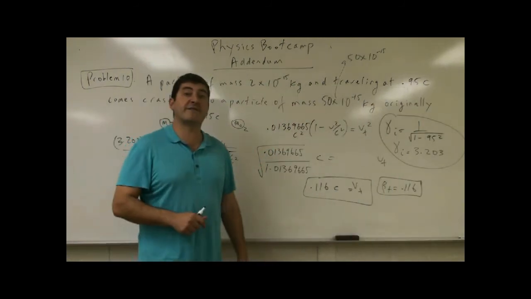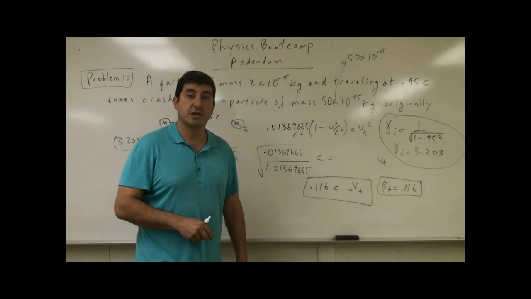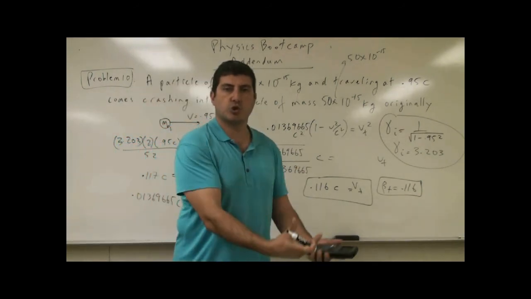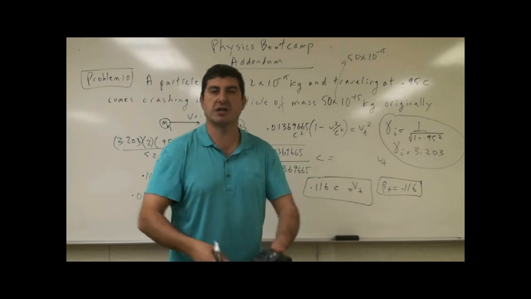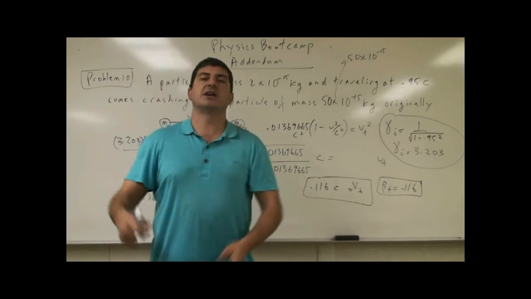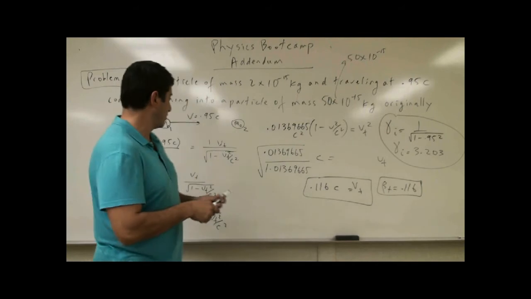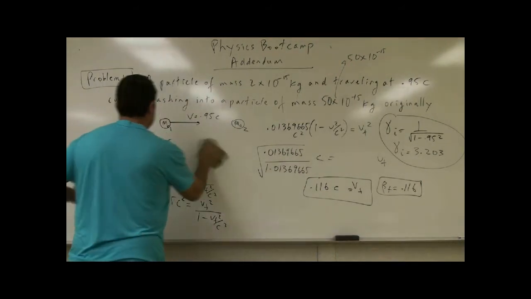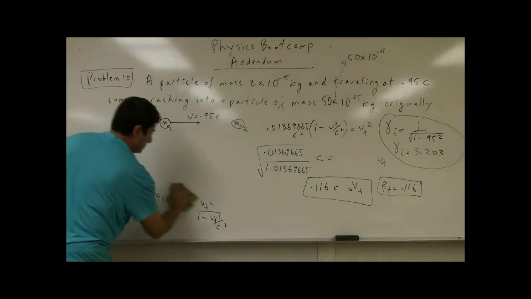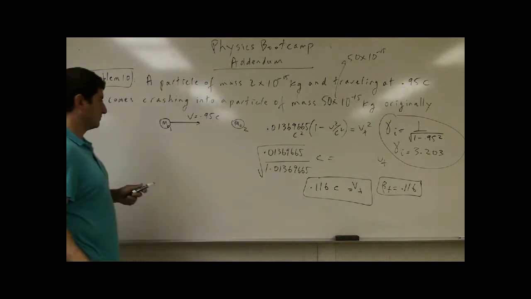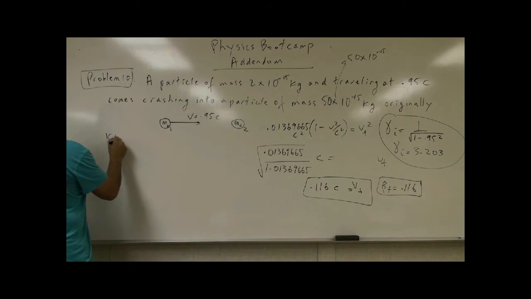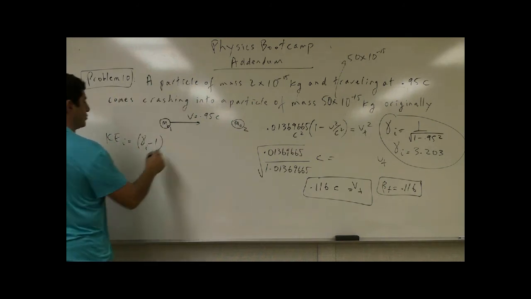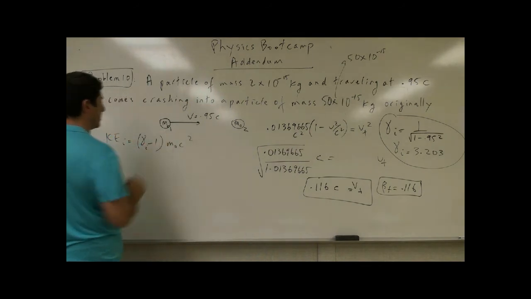Okay? Now how do I find the percent loss of kinetic energy? Just similar to what we used to do in regular mechanics, we would solve for the initial kinetic energy, and then the final kinetic energy, and then take the percent difference of those. Right? What is the initial kinetic energy? The initial kinetic energy is equal to gamma initial minus 1, m0 c squared.